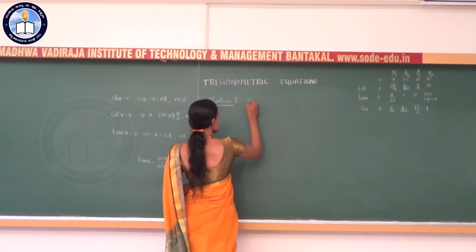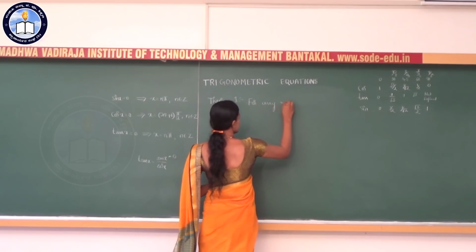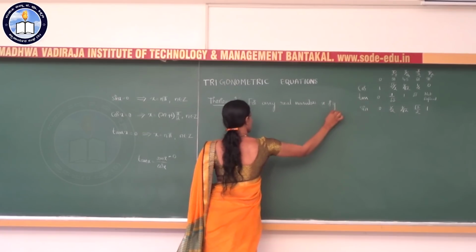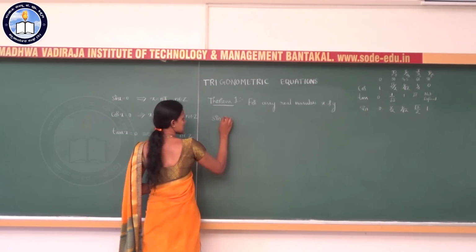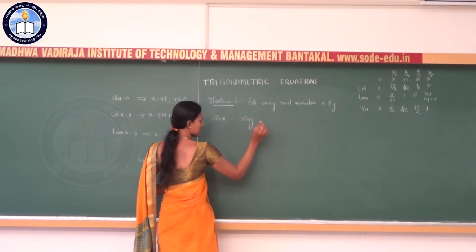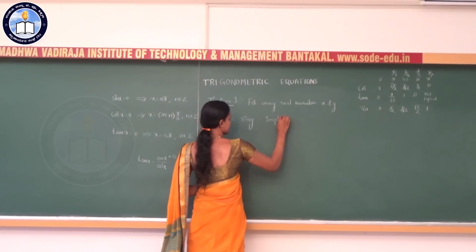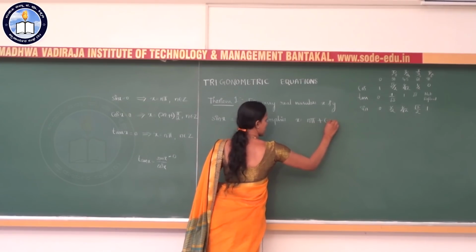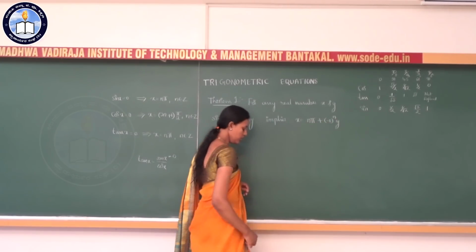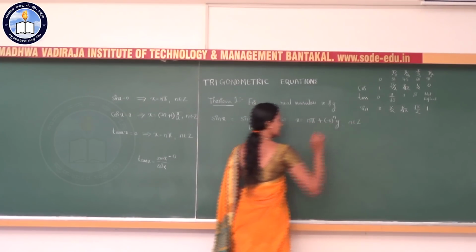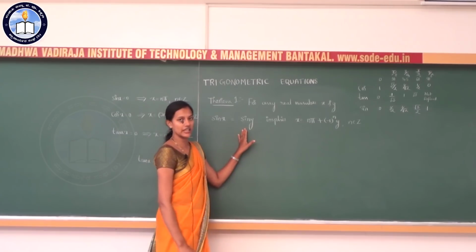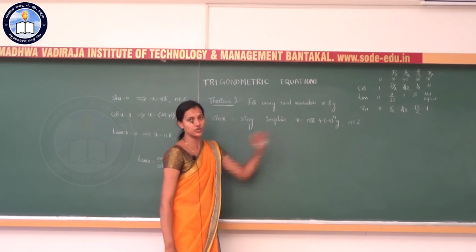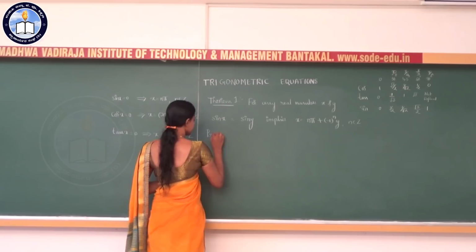The statement of the theorem is, for any real numbers x and y, sin x is equal to sin y implies x is equal to n pi plus (minus 1) to the power n into y, where n is an integer. Let us prove this.